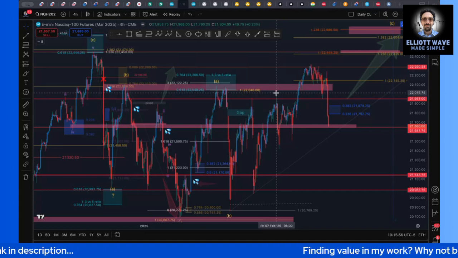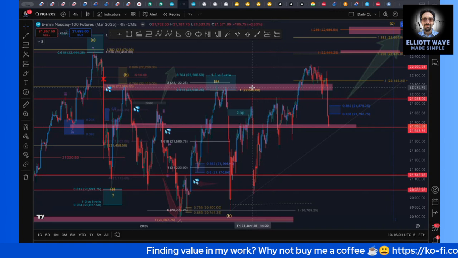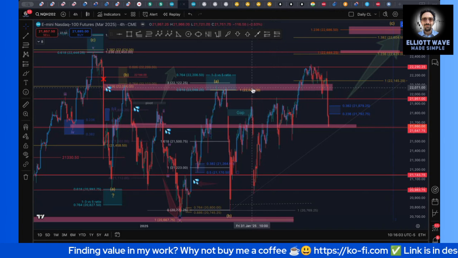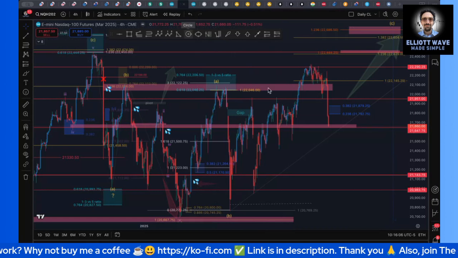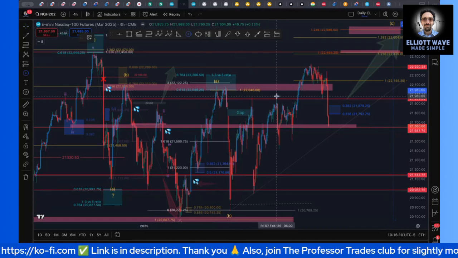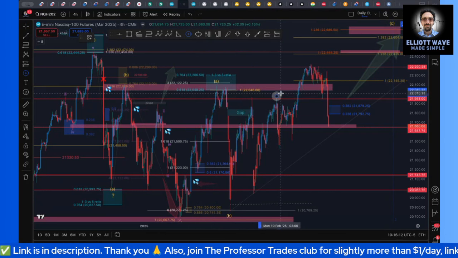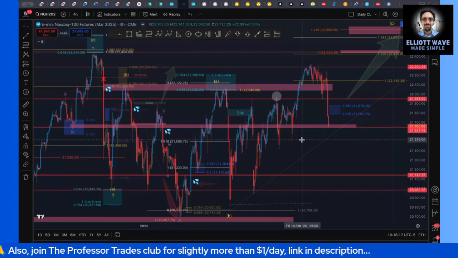I think it did make a higher high. 968, let me see what this one is. Yeah, so it made a higher high. So you have to be real. A higher high counts, especially in Elliott wave. Every penny is meaningful when it comes to the relationship between price and Fibonacci. That's why I use a magnet and get it to the penny.